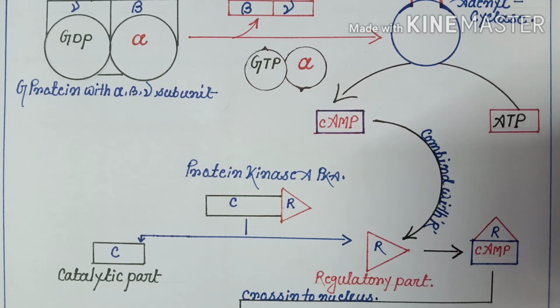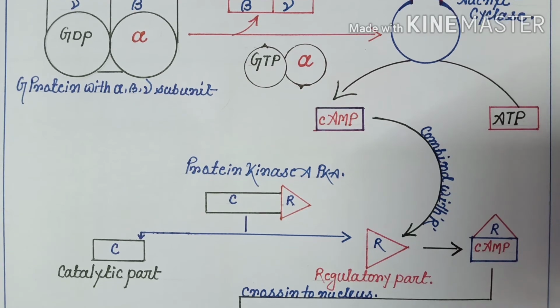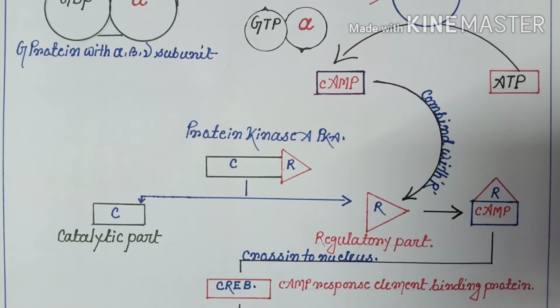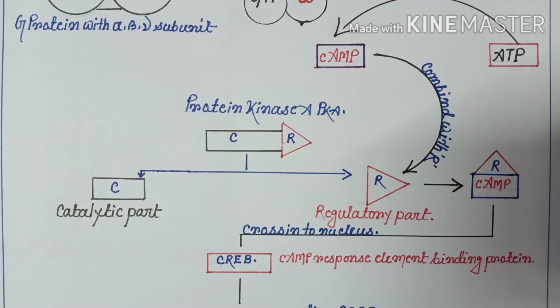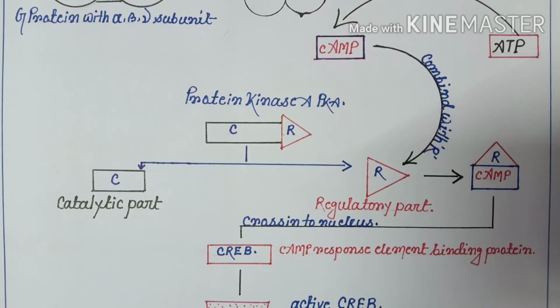The catalytic site and regulatory site are joined with each other in the inactive state, but when cAMP acts on this inactive PKA, the inactive PKA is converted into active PKA, and in the active state both subunits, the catalytic subunit and regulatory subunit, are separated from each other, and the cAMP then forms a complex with the regulatory subunit.